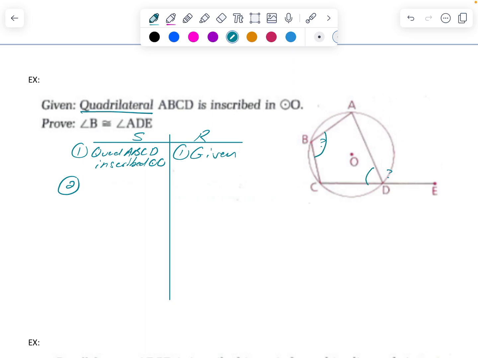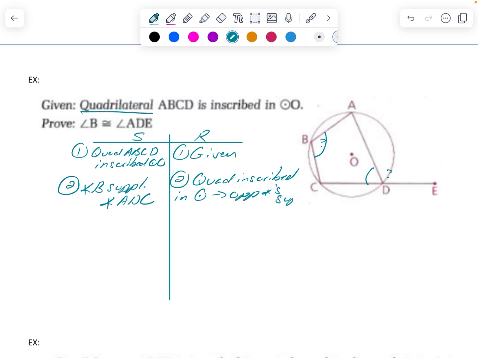So we know that angle B is supplementary to angle ADC. And like I said, quadrilateral inscribed in a circle, then opposite angles supplementary.